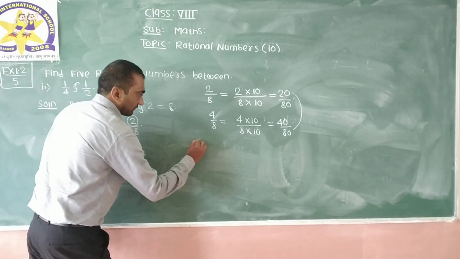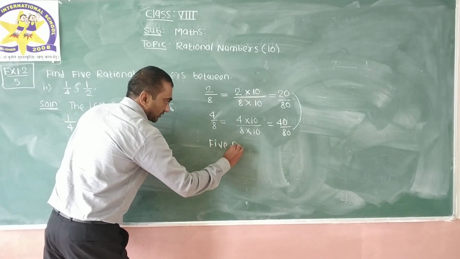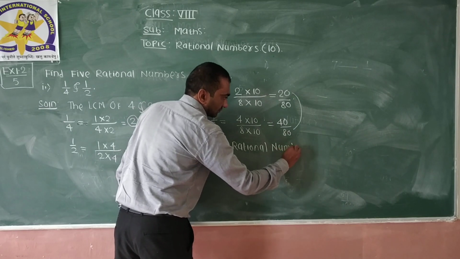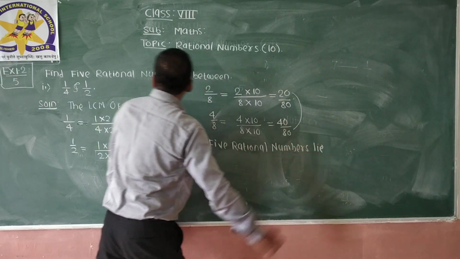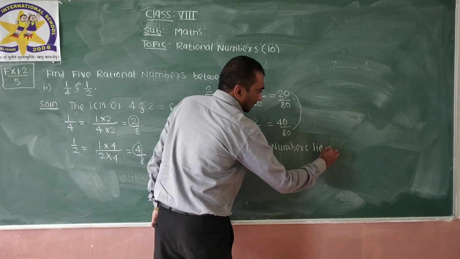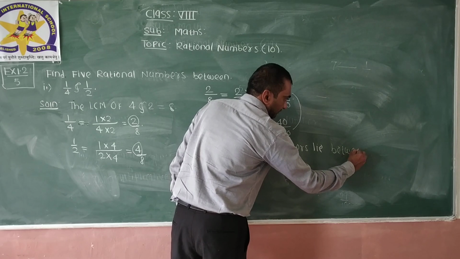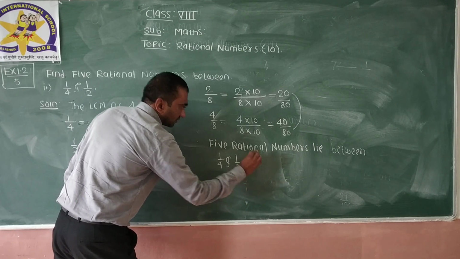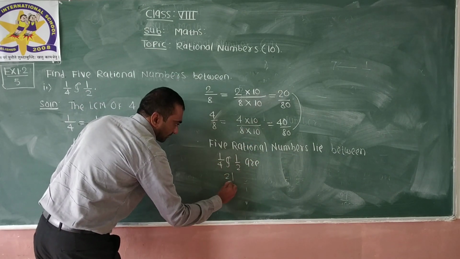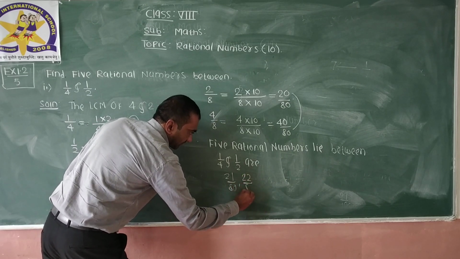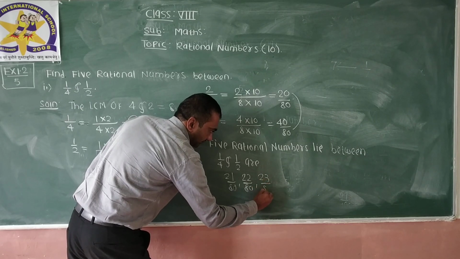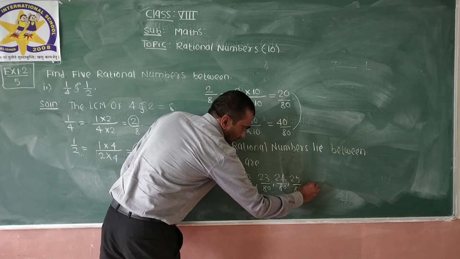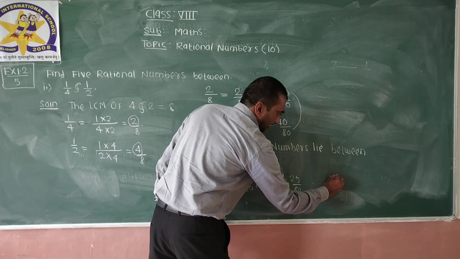Therefore the answer will be: the 5 rational numbers that lie between 1 by 4 and 1 by 2 are, first 21 by 80, 22 by 80, 23 by 80, 24 by 80, 25 by 80, and so on up to 39 by 80.